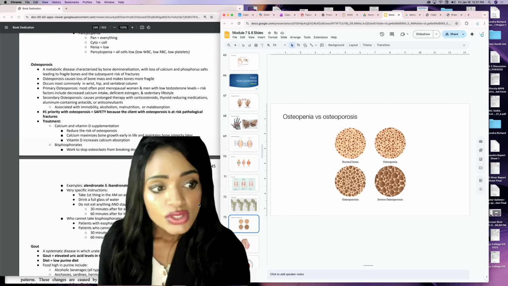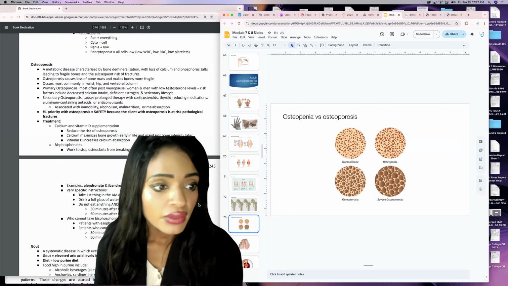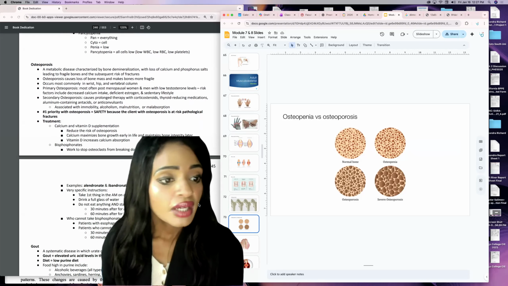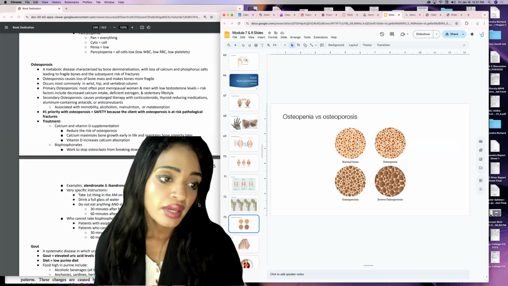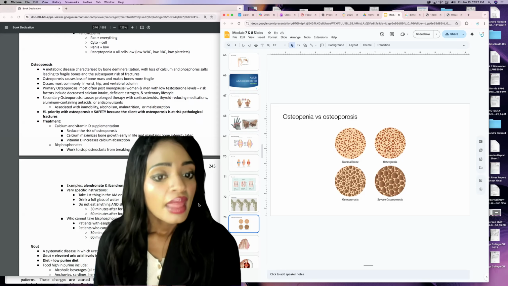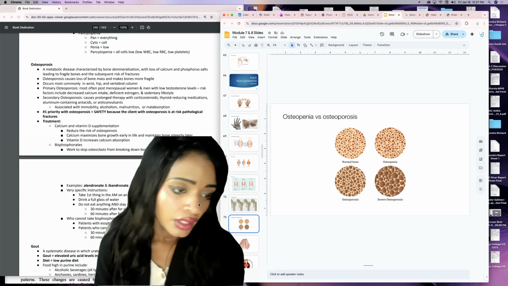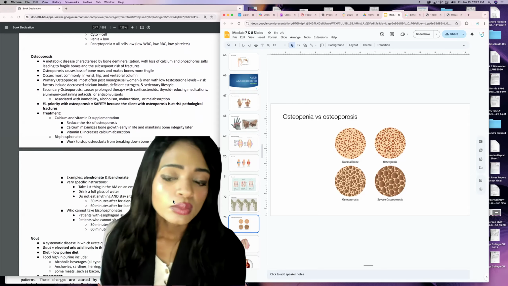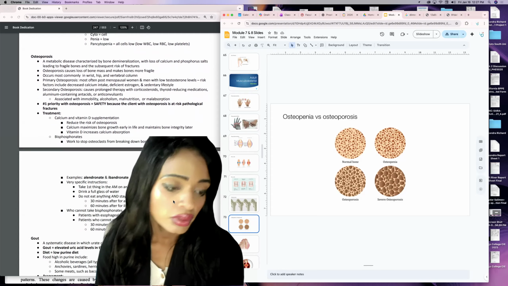Because the client with osteoporosis is at risk for pathological fractures. So treatment: calcium and vitamin D, which help to maximize bone growth and bone integrity, and bisphosphonates. Bisphosphonates help to stop the destruction of bone.